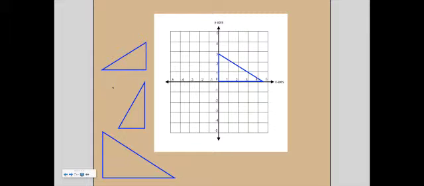Okay, and then let's say we take this shape and we start right here at this point, and we'll rotate it. It goes all the way up, rotating, rotating, rotating, keeping this point still.